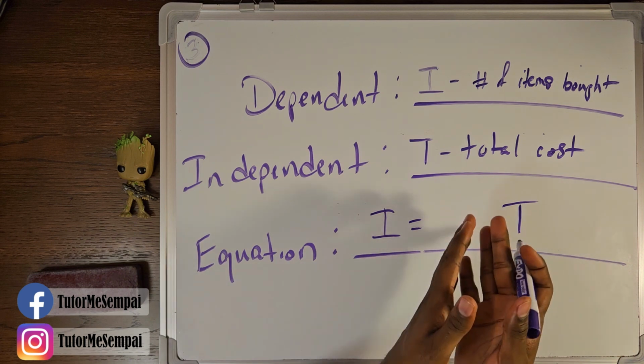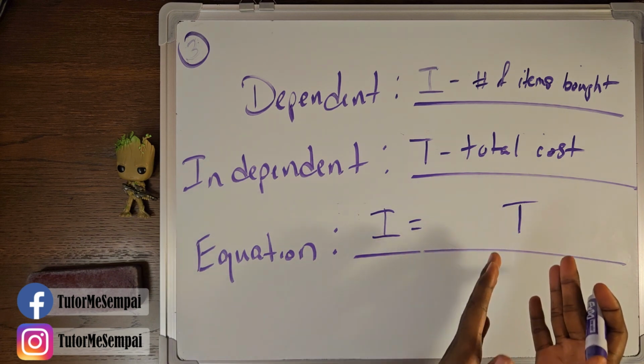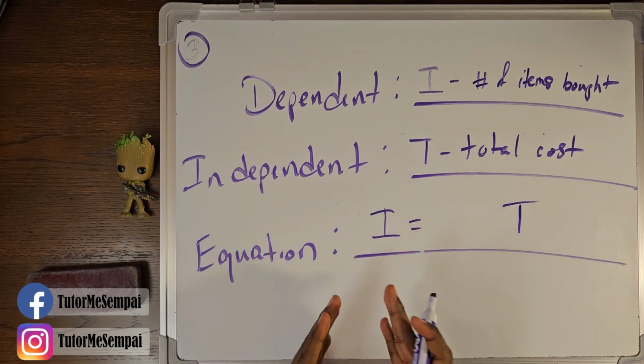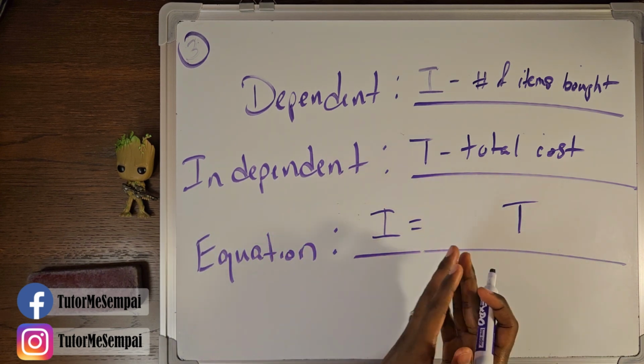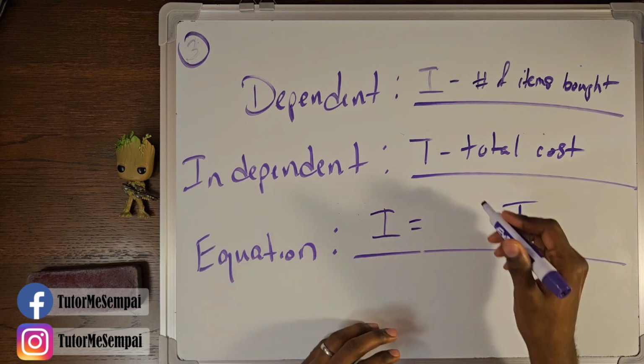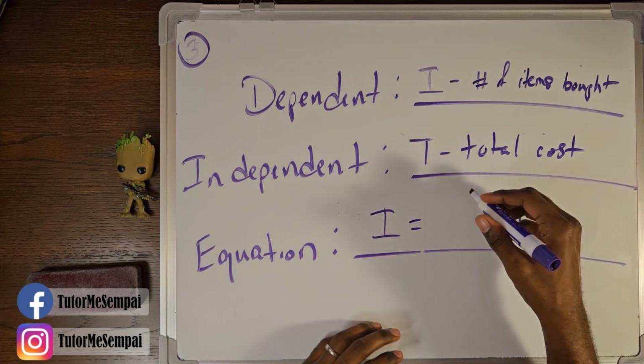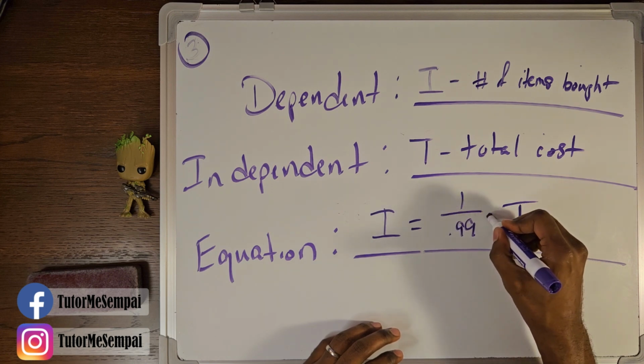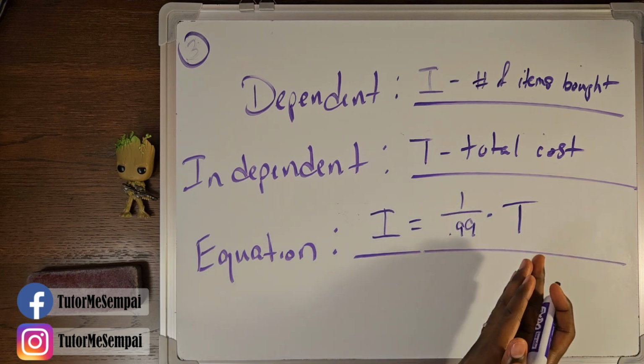We're going to be dividing our total money by how much each thing costs. That should tell us what we need to find out. So instead of being multiplied by 0.99, we're actually going to be divided by 0.99. So 1 over 0.99 times our total money, T.